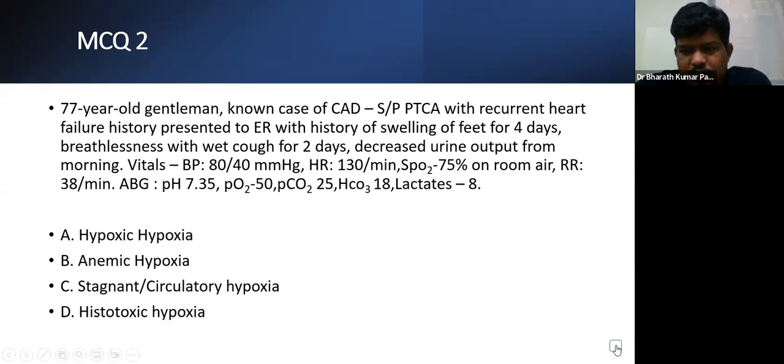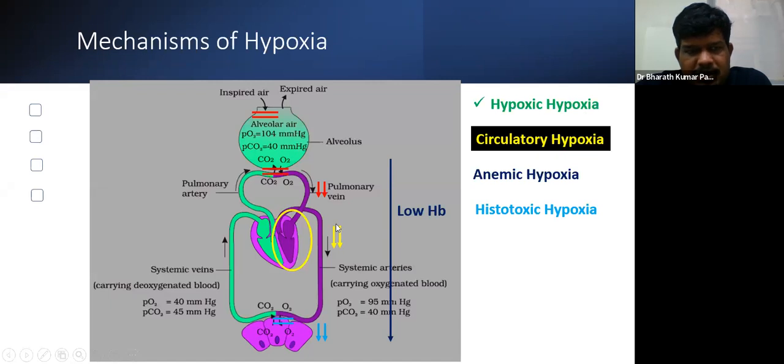So when we go back to the mechanism slide, as I said, whenever there is a problem with the heart, it is not able to carry the oxygenated blood from the heart to the peripheries, which means the hypoxia is circulatory hypoxia or stagnant hypoxia. That is, the answer is C.